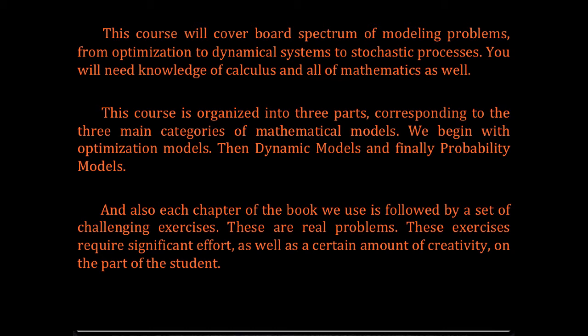Also, each chapter of the book we use is followed by a set of challenging exercises. These are real problems. These exercises require significant effort as well as a certain amount of creativity on the part of the student.